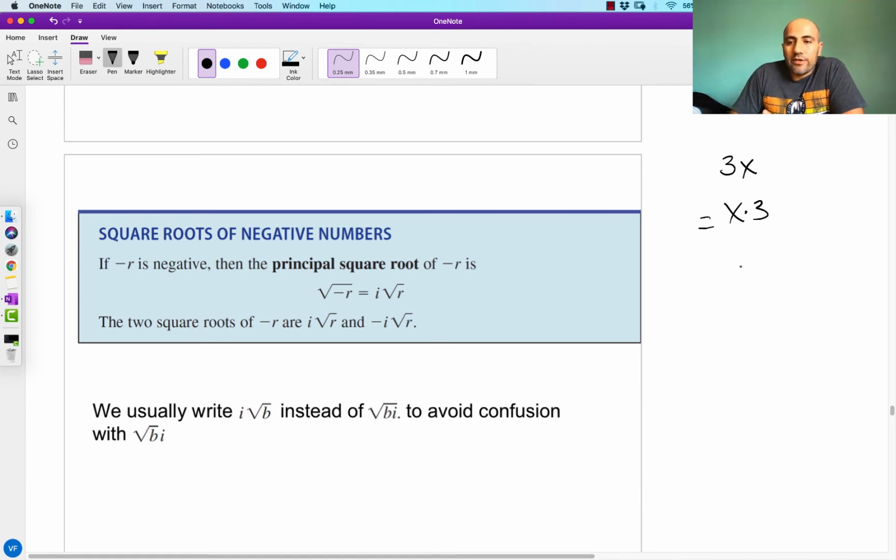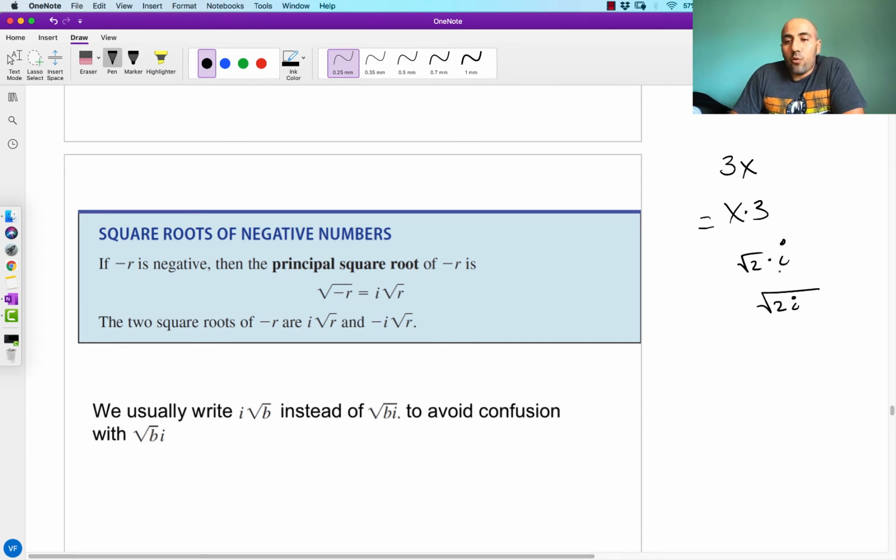However, in this situation, if we have square root of 2i, right, clearly the i is outside the root. But this often gets confused with the other case where we could have this, right? And they don't equal each other, but notation-wise, writing-wise, this gets confused with this all the time, and these do not equal each other.